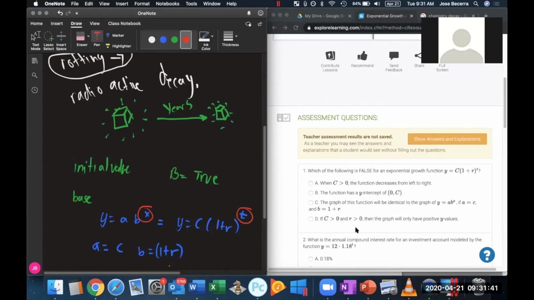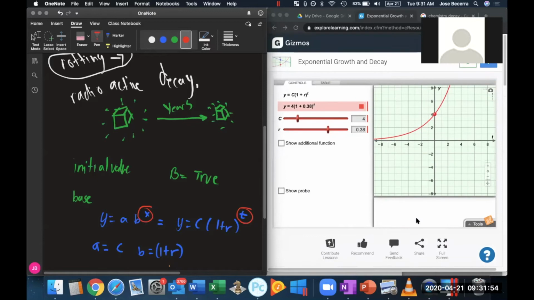So let's move on. If c is greater than 0 and r is greater than 0, then the graph will only have a positive y value. Okay, let's see.